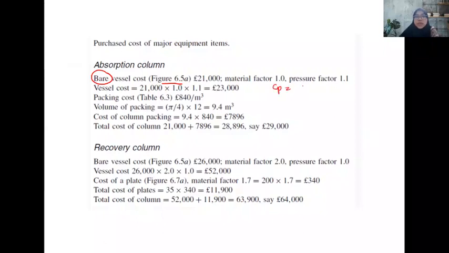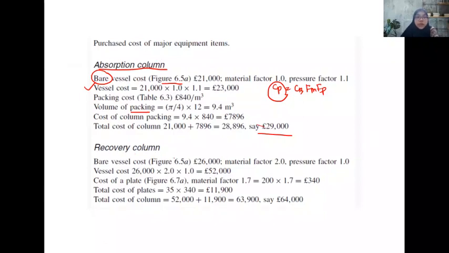Okay, so CP equals CB, FM, and also FP. We can give the cost for the vessel, and then since the absorption column requires the packed item in the column, consider the cost for the packing material, and finally we can determine the total cost of the absorption column.